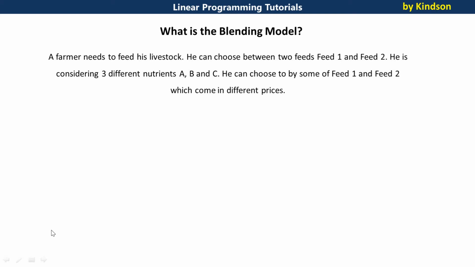And he's also considering 3 different nutrients for his livestock: nutrient A, nutrient B, and nutrient C. He has to choose to buy some feed 1 and some feed 2, which come in different prices. So what is the problem? The problem is how much of feed 1 and feed 2 is he going to buy for him to minimize his costs. So in most of the time in linear programming, we're always talking about minimizing the cost.